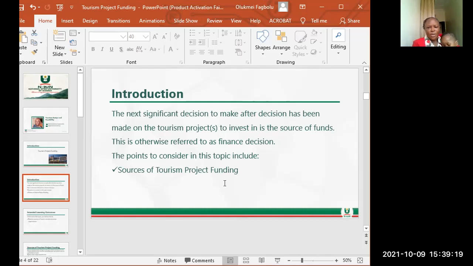How do we actually secure the necessary funds that we need to run the project? And it is otherwise referred to as what? Finance decision. So therefore, today, we are going to consider sources of tourism project funds.